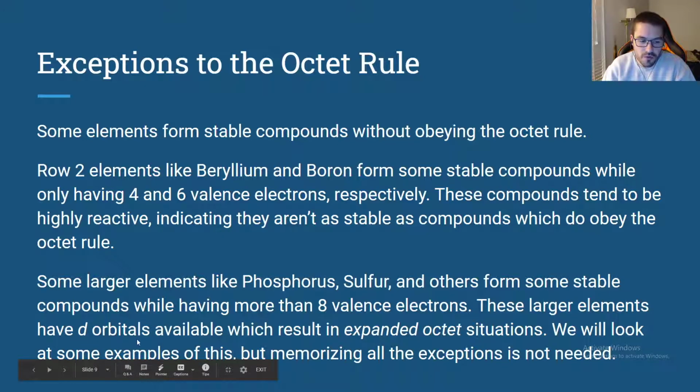D orbitals can hold 10 electrons, right? And they have their valence orbitals. So they've got space to create what is called an expanded octet. It shouldn't even be called an octet really, but it's a stable compound that has more than 8 valence electrons on that central atom. And like I said, we're going to look at some examples of this, but you don't need to memorize all these examples.